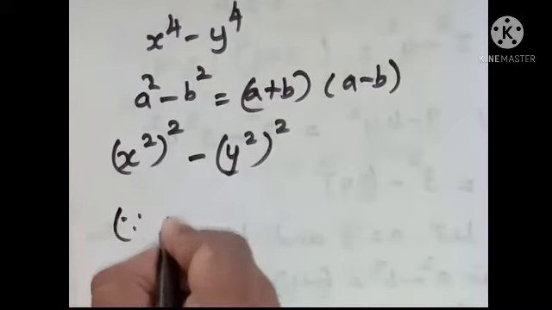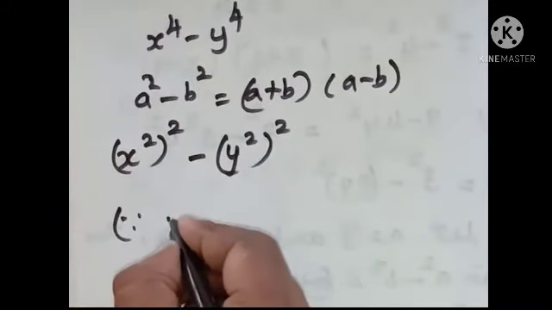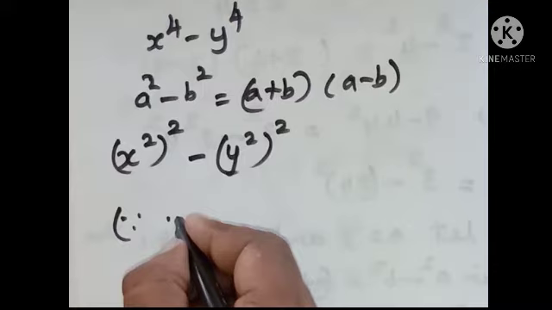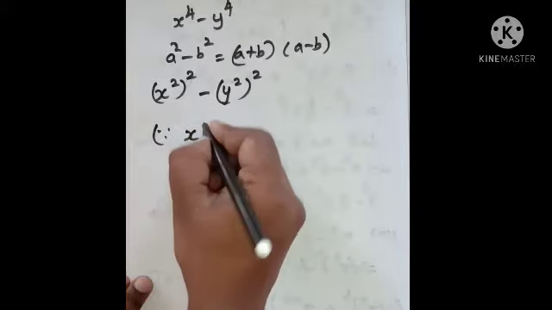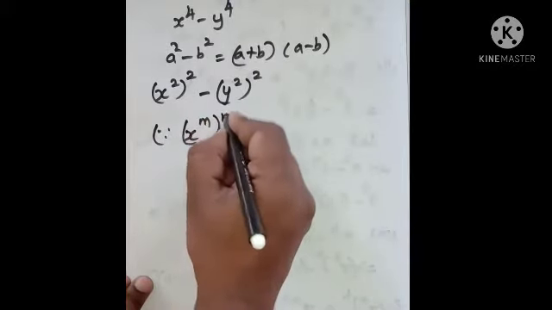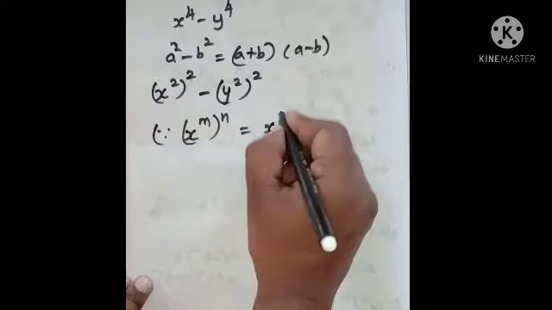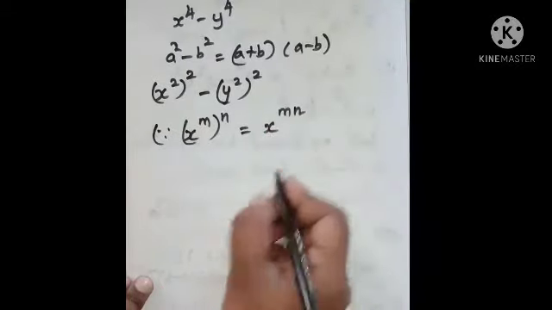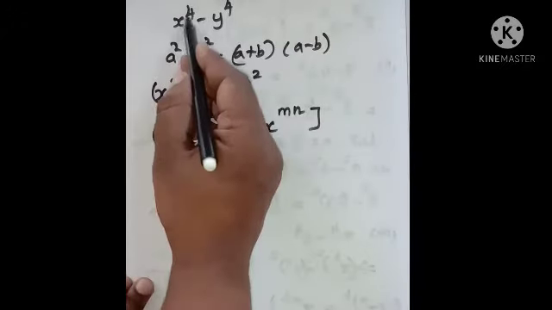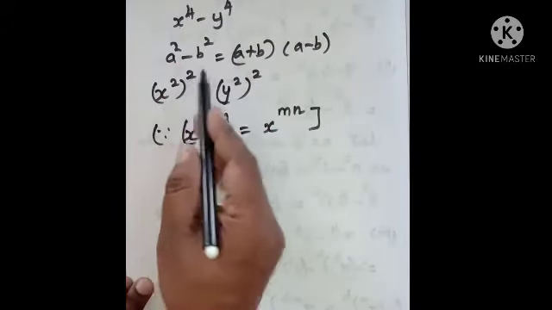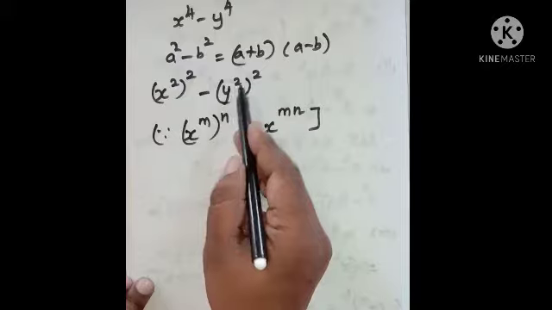By using the exponent rule, that is (x power m) power n can be written as x power m into n. So by using the power rule, we can write x power 4 as (x square) the whole square and y power 4 as (y square) the whole square.